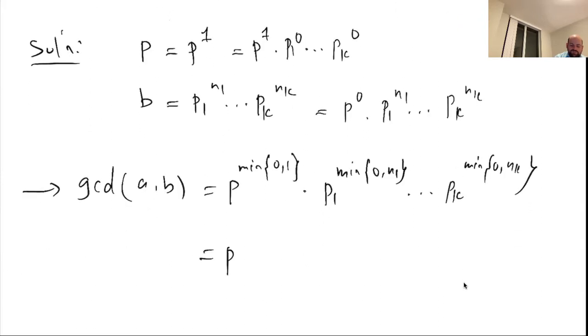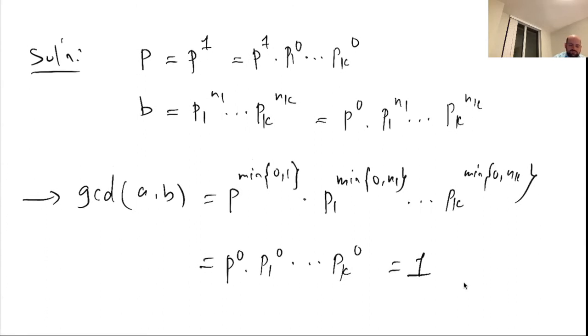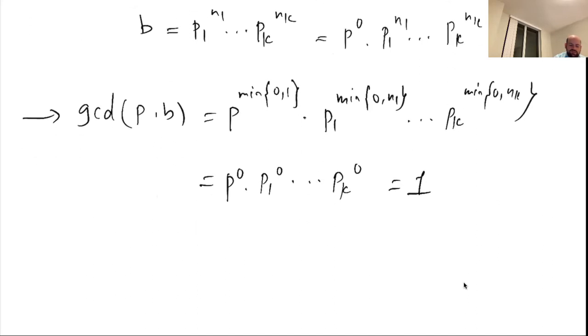So this is P to power 0 times P1 to power 0, Pk to power 0, and the answer is 1. Okay, so in this case, A was P, that is the GCD of P and B. And that means P and B are relatively prime.